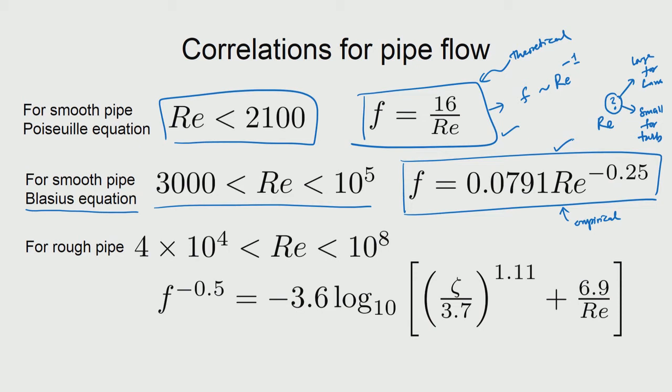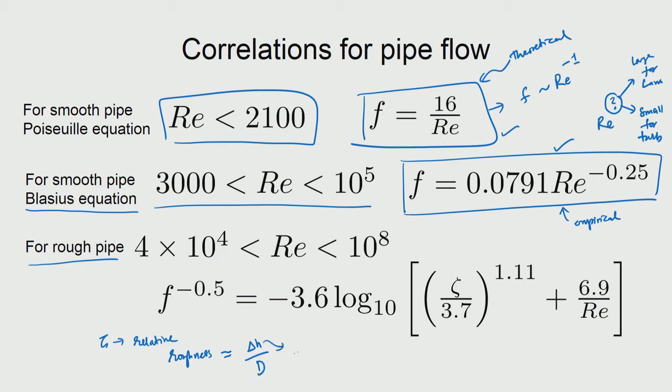Now the problem of deviation from assumptions: we have assumed in the pipe flow that it is a smooth, rigid, straight pipe, and in case it is not smooth, if there is a roughness that has developed inside because of corrosion, etc., then what do we do? So we define this zeta variable, which is called the relative roughness. Relative roughness is defined as the roughness itself, which is delta H, divided by the diameter.